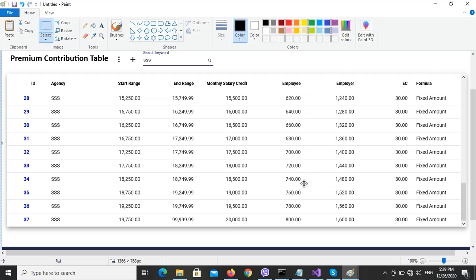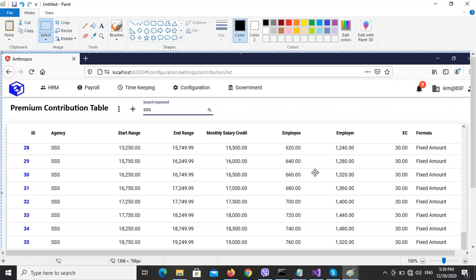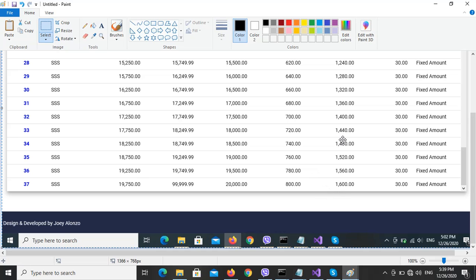Whatever is the balance, that will be the one to be paid on the last period. Same thing with the employer, and same thing with the EC. Okay, so that's how we calculate the SSS. So in our case, for Kim, the employee and employer share will be 800 and 1,600, because the range is here.